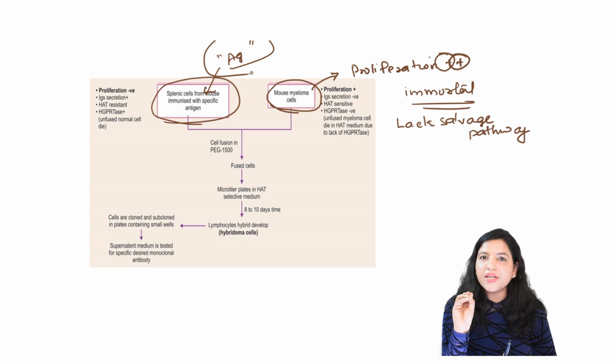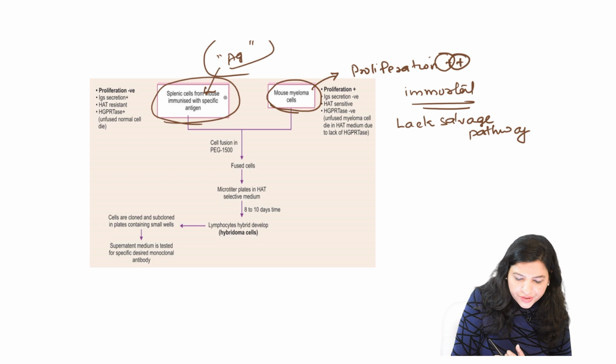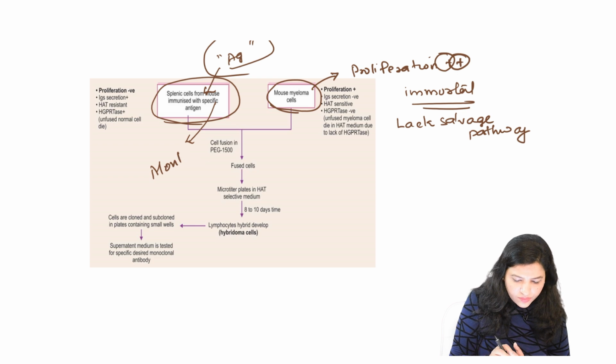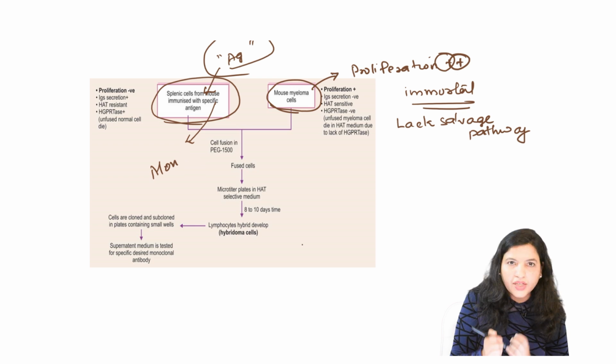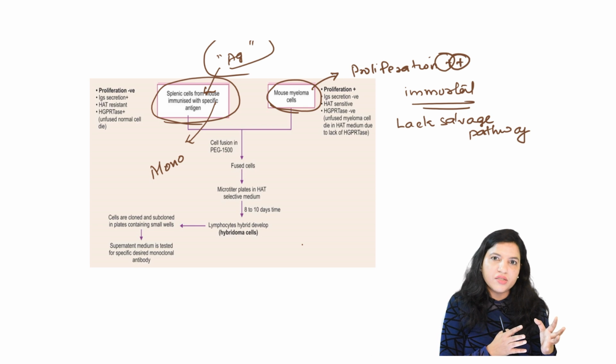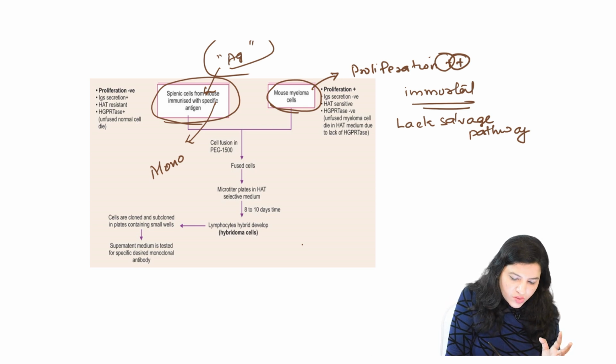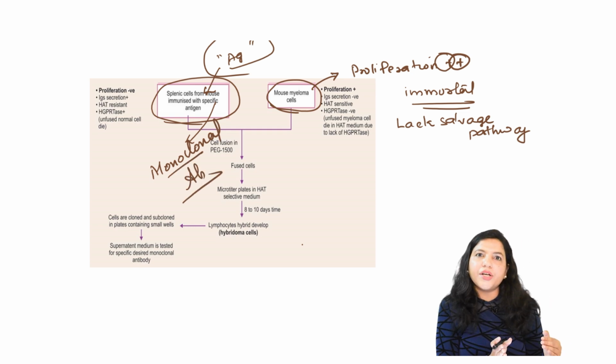So what is the peculiarity of that splenic cell? It can produce what antibody? It can produce the monoclonal antibody. So that clone of antibody producing cells will be activated. So this will be producing monoclonal antibody. That is the peculiarity of this immunized splenic cell.